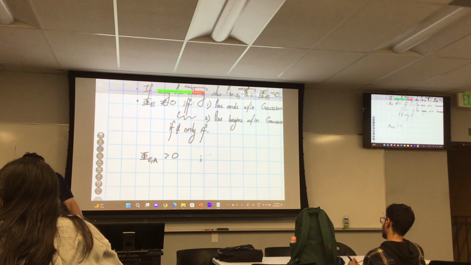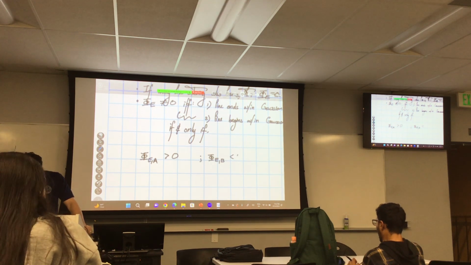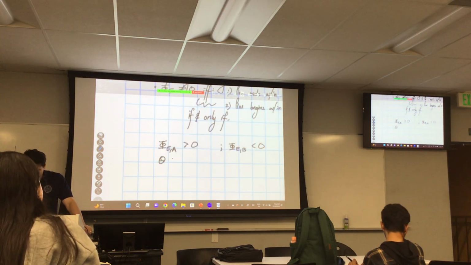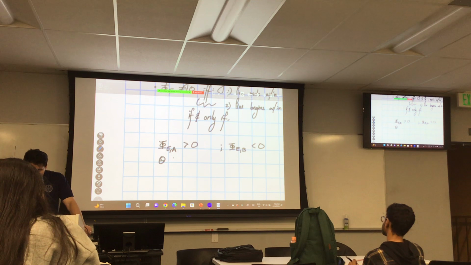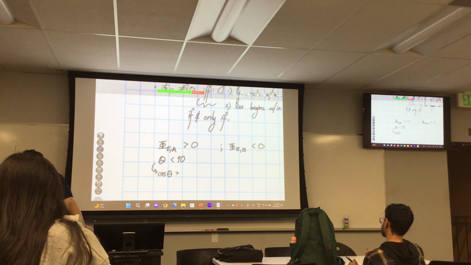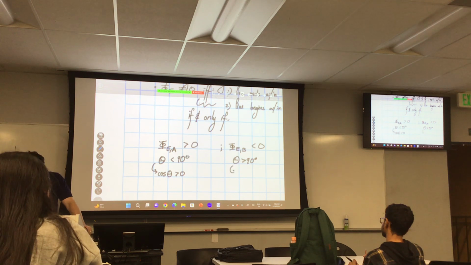And so here, the flux of B is less than 0. And you could do this with theta. For A, theta is less than 90, meaning cosine of theta is greater than 0. Here theta is greater than 90 degrees, which means cosine of theta is less than 0.